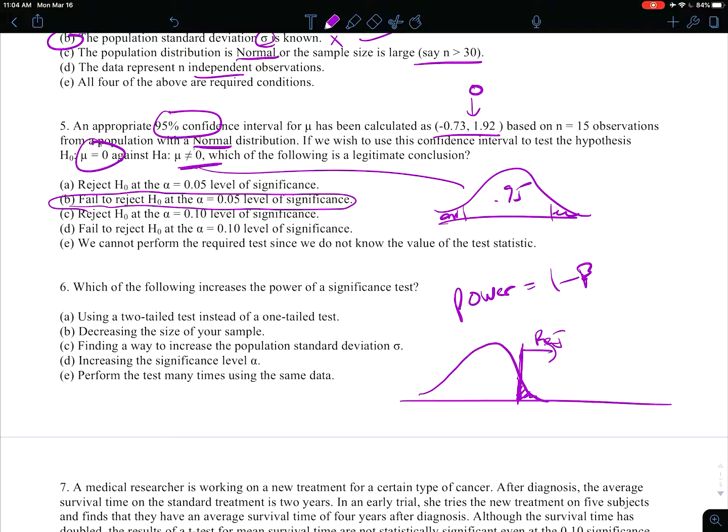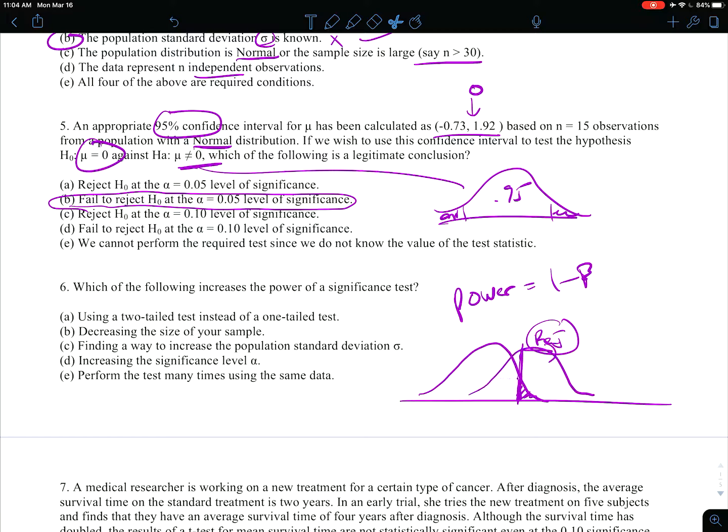And so if this other distribution is true, things that would increase the power, if you remember that power is the probability of correctly rejecting the null. So not only do you reject, but you do it correctly when this other distribution is true. And so that power, as I move this, right, as the new information is farther and farther away from the old information, the likelihood that I reject is going to increase.